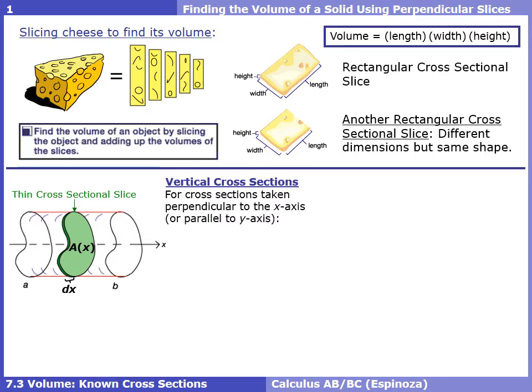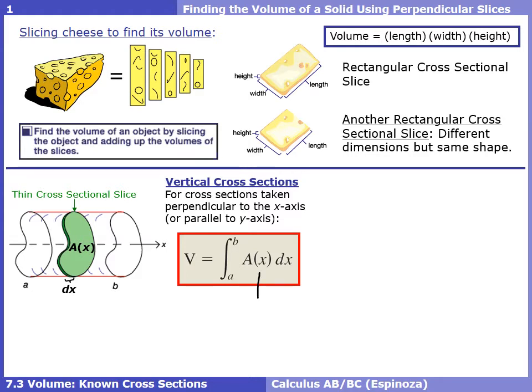So there's two ways to slice shapes that we're going to have to deal with. When we have vertical cross sections, that means we're slicing perpendicular to the x-axis, or it could be worded as being sliced parallel to the y-axis. Ultimately, to find the volume of this three-dimensional shape, all we need to do is integrate the area with respect to x.